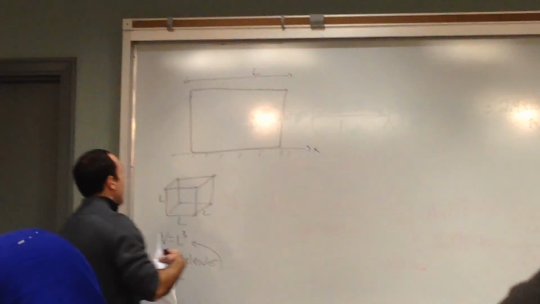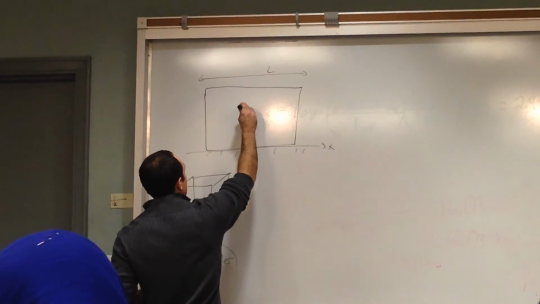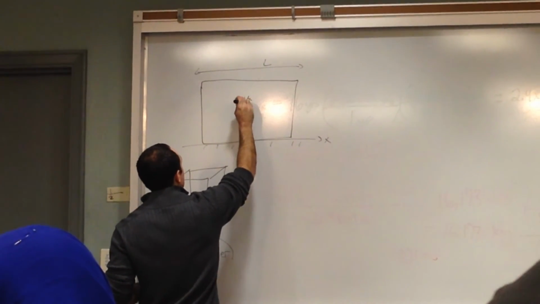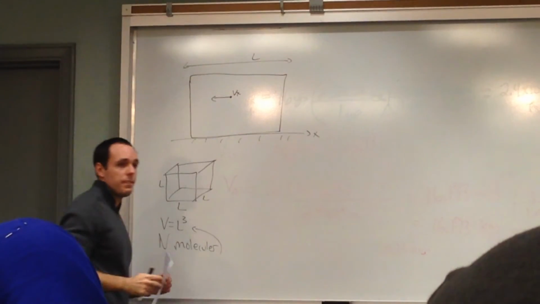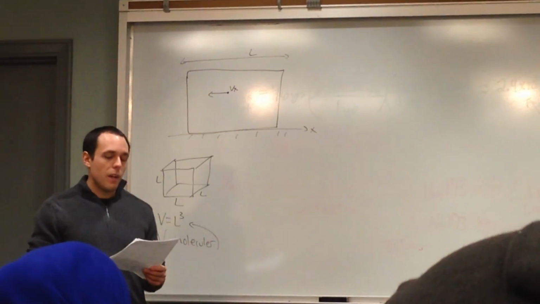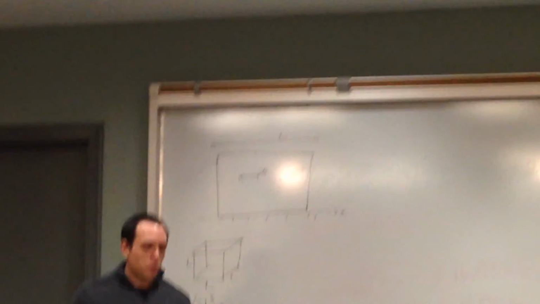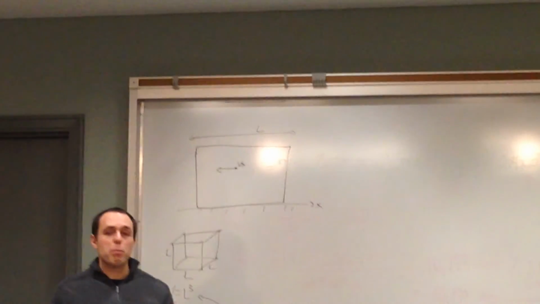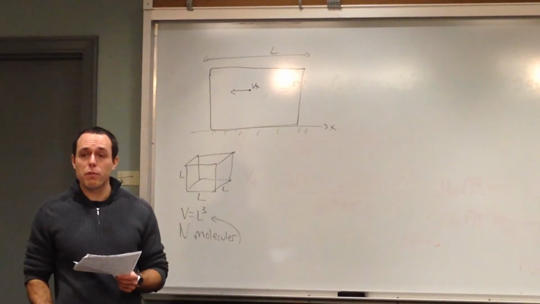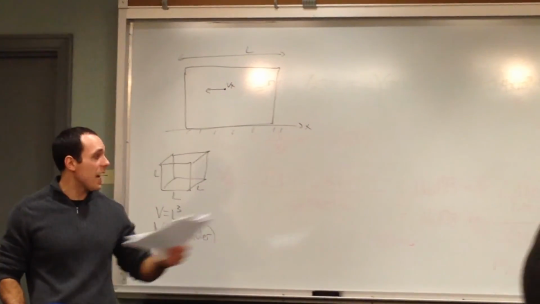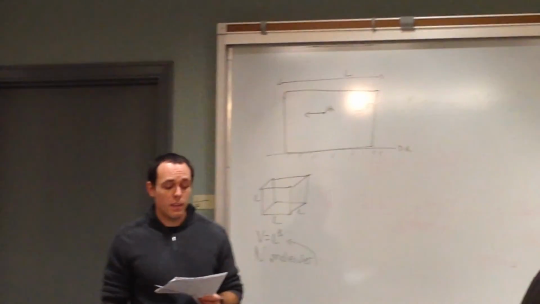And let's say initially it has a velocity Vx that is going to the left. Well, what we're going to see is in fact that pressure is due to a gas, pressure of a gas. So we're not dealing with fluids, but now we're dealing specifically with a gas. That's why it's kinetic theory of gases.